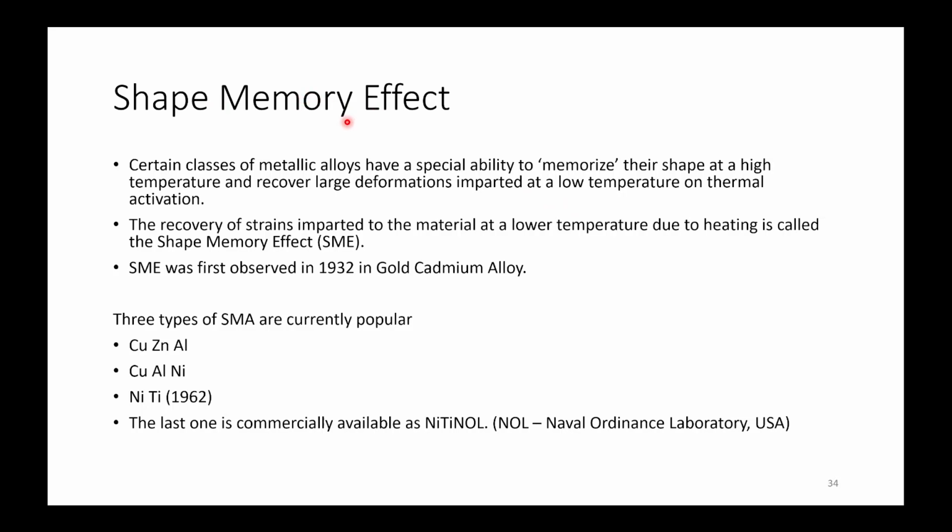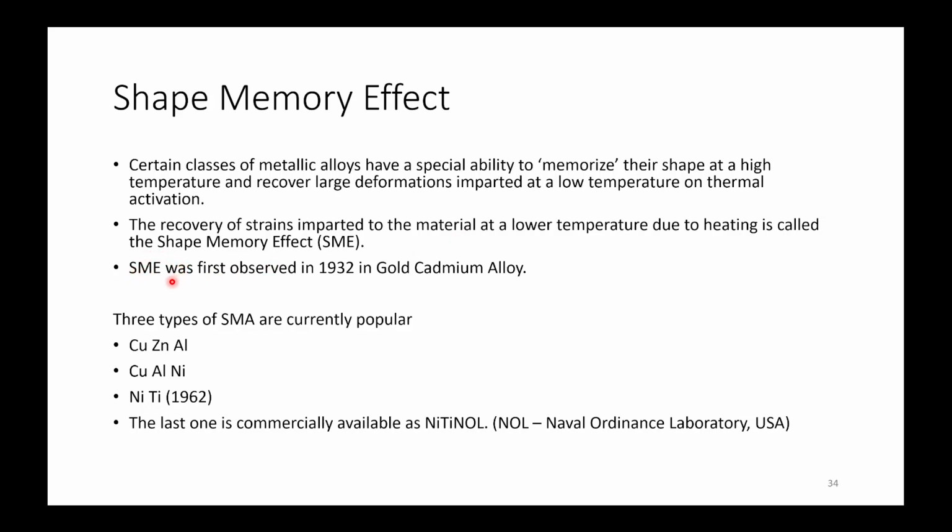Shape memory effect. Certain classes of metallic alloys have a special ability to memorize their shape at a high temperature and recover large deformation imparted at a low temperature on thermal activation. The recovery of strains imparted to the material at a lower temperature due to heating is called the shape memory effect.